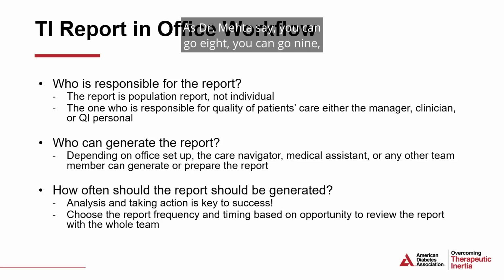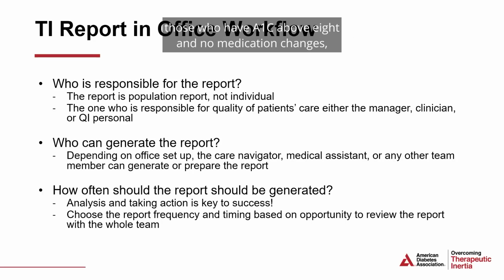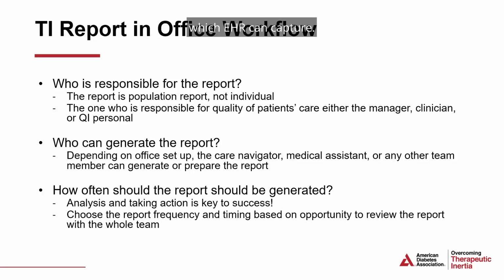As Dr. Mehta said, you can go 8, 9, 10, 7 or 7.5, whatever A1C target you want. You can also add other things, although there are some limitations, such as those who have A1C above 8 and no medication changes, which EHR can capture. So you have to talk to the EHR company and give them all this information. You can just get it from the OTI website and give it to them.